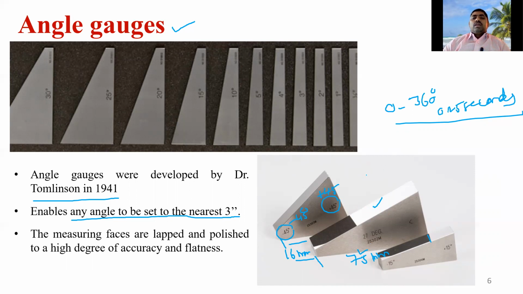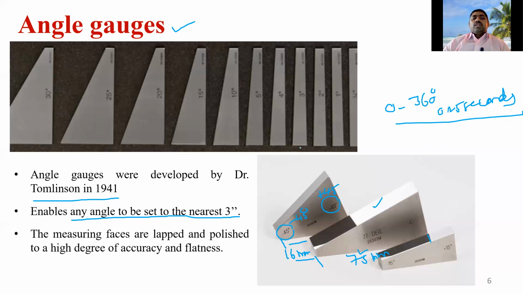The angle gauges can also be rung together to get the required angle. As in the case of slip gauges, we do the same ringing process for making the required height.